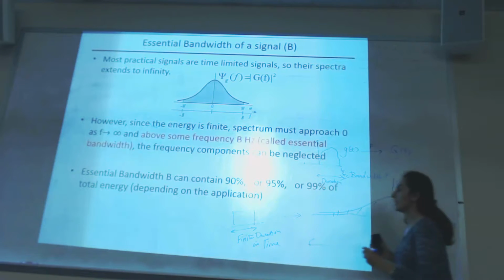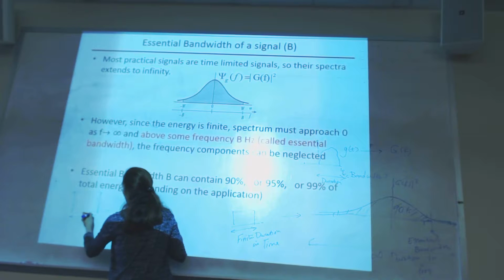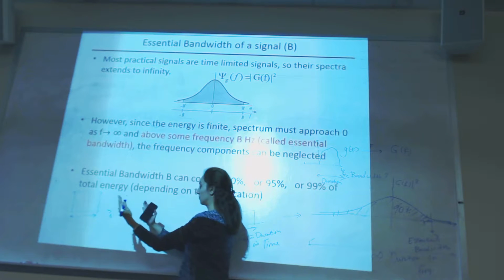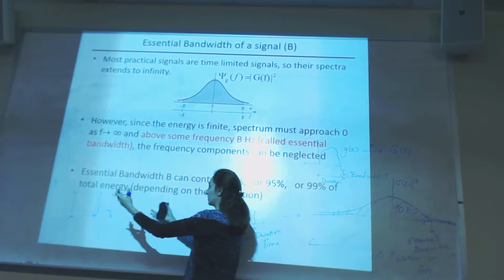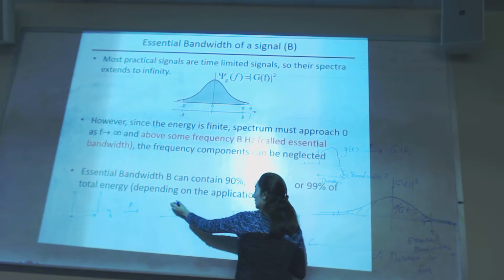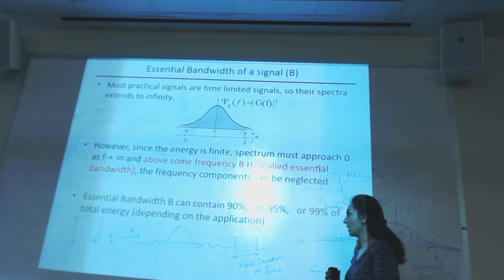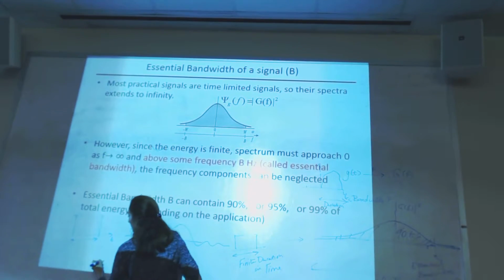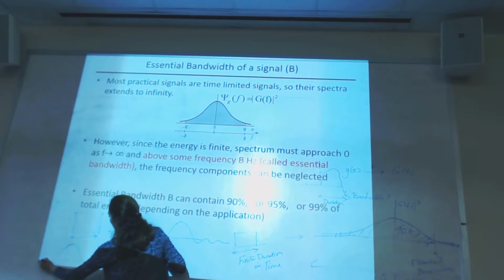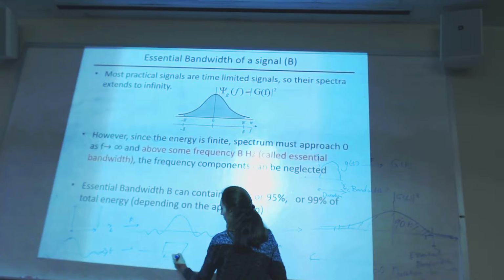For example, remember the pulse signal, right? For the pulse in time, we had a finite duration. 2 seconds, 3 seconds, whatever. What was the Fourier transform? Sinc. Sinc goes to infinity. And vice versa. If you have a sinc in time, you are going to get a finite thing in frequency.